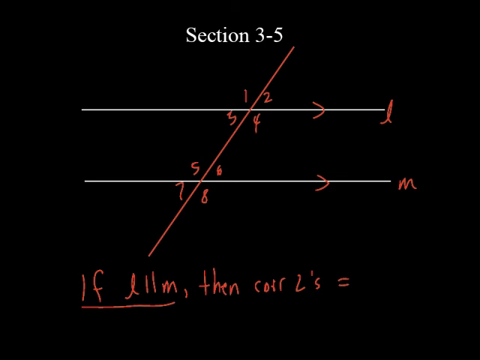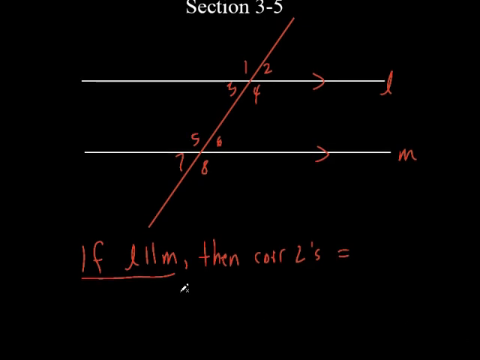Agreed? Okay. There's a big if. I'm going to keep saying this because I want you to understand what we're going to do here in a second. If the lines are parallel, which they are, right, because they got the two arrows there, then the corresponding angles are going to be equal. All right, what else? If the lines are parallel, then the alternate interior angles are going to be equal. What's another one?